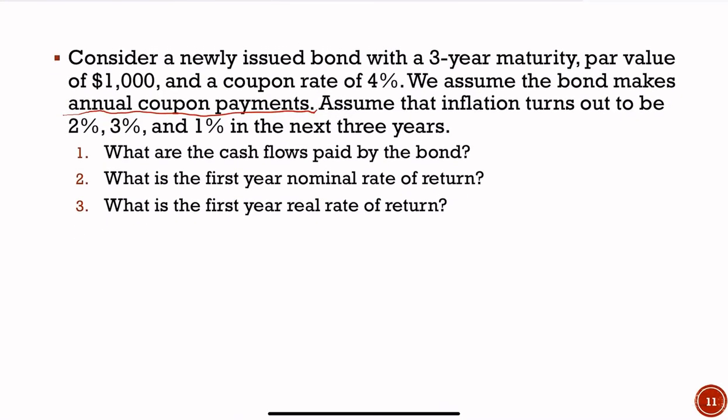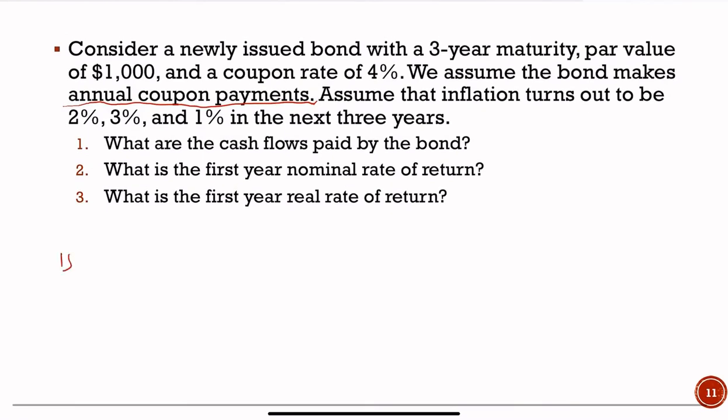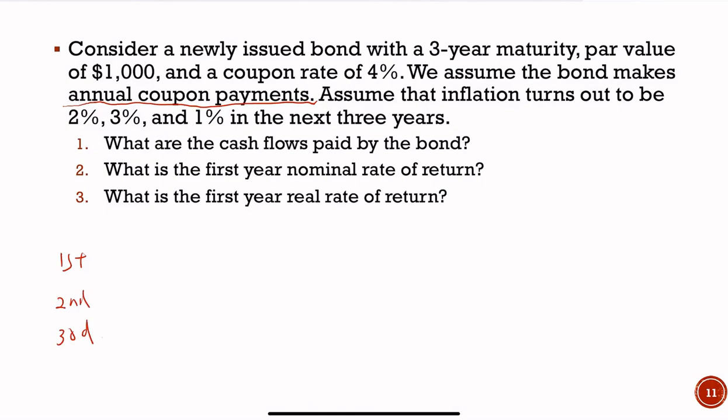Now let me start from the first year, second year, third year. So we are thinking about cash flows. Think about what kind of cash flows you will get if you hold a bond. In the first year, you will get your coupon payment.